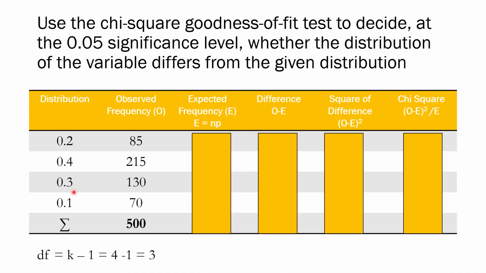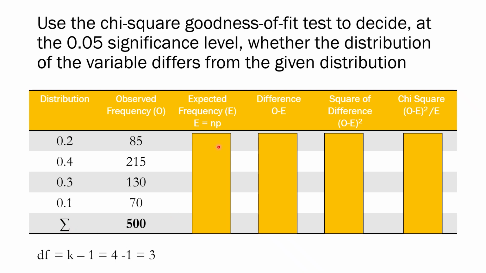So we need to calculate the expected value. How do we do that? The expected frequency is equal to n times p. So what is our n in this situation? 500 is our n. So always sum this column here to get your 500. That's what this means. It means sum.